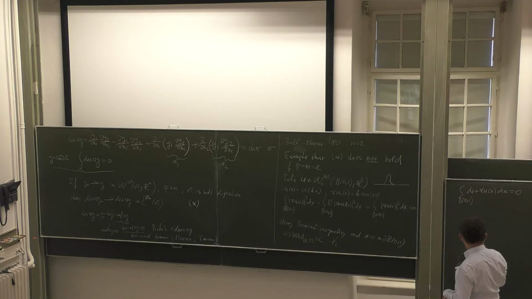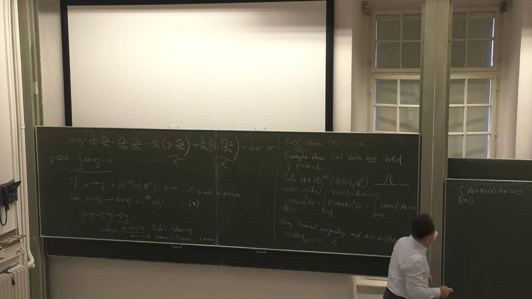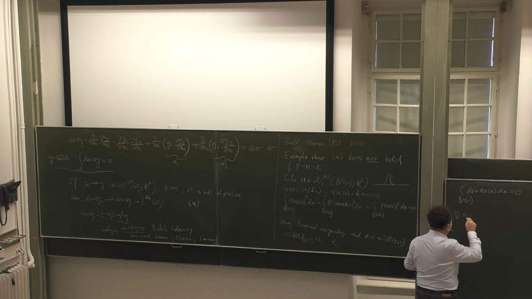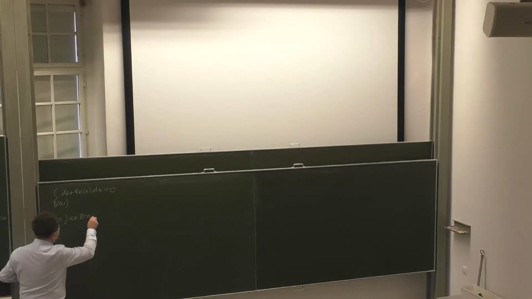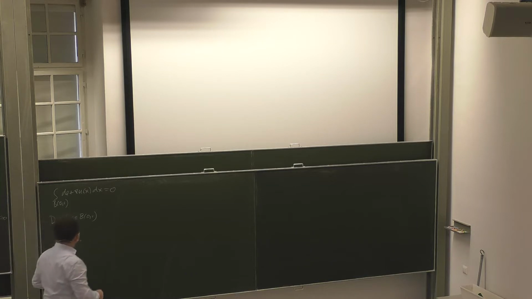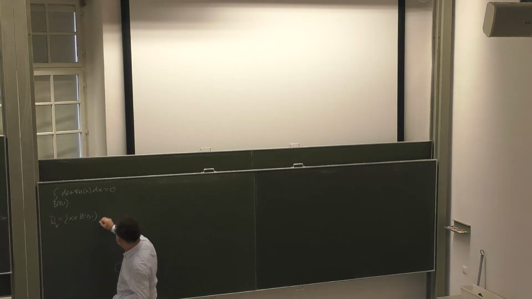Now we take D. I could write a subindex nu, for example, but I will not do that. I take x in the ball, or let me put nu here, and I take a half ball. So I take a subset of the ball such that x dot nu is smaller than 0.